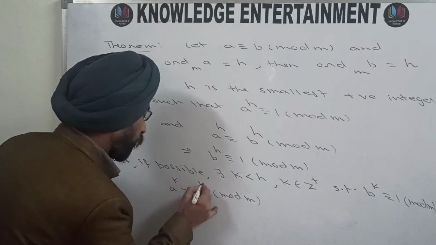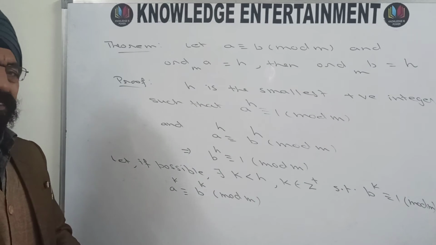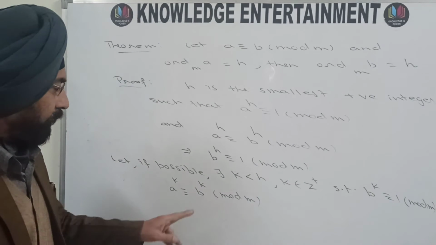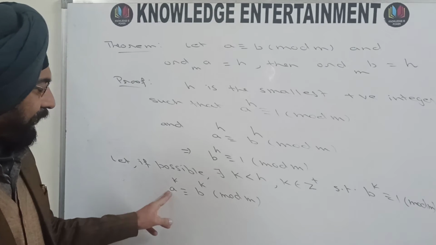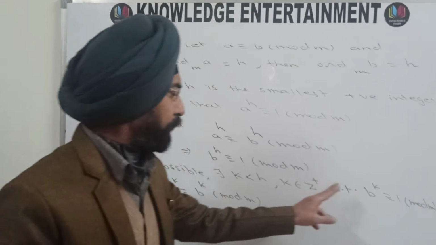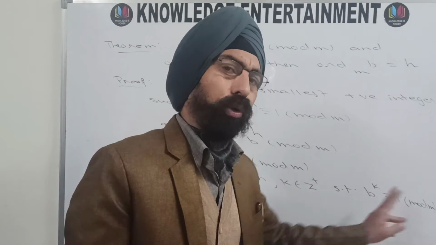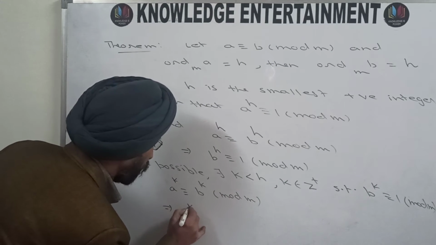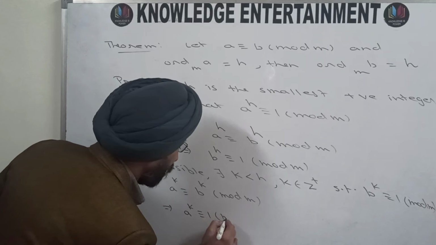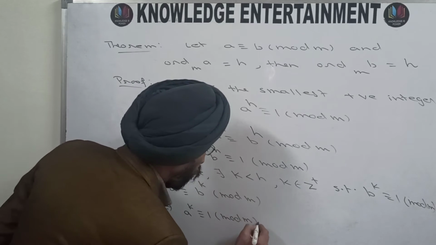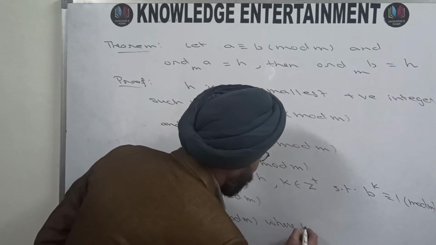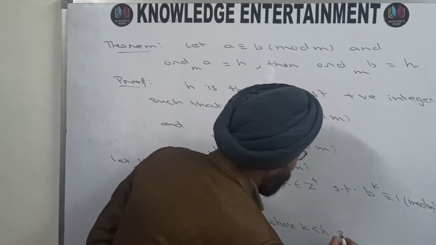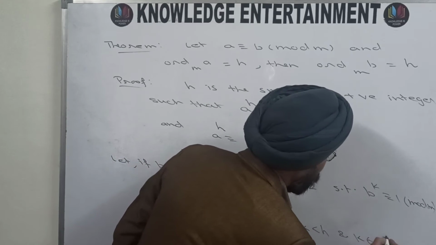a power k is congruent to b power k modulo m, and once again use transitivity. a power k is congruent to b power k and b power k is congruent to 1 modulo m both. So from transitivity you have a raised to the power k is congruent to 1 modulo m, where k is less than h and k belongs to the set of positive integers.